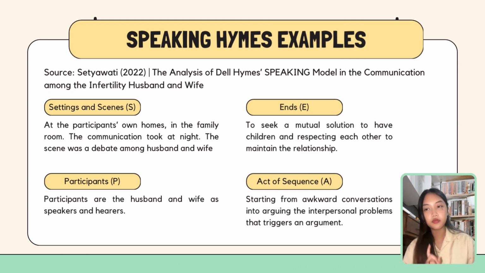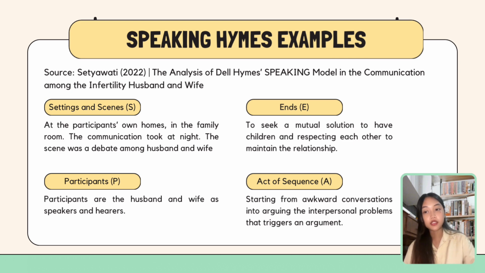And then for the ends, they want to seek a mutual solution to have children and respect each other to maintain the relationship. So the goal of them having that conversation is that they need a solution to have children, and at the same time to respect each other to maintain the relationship.